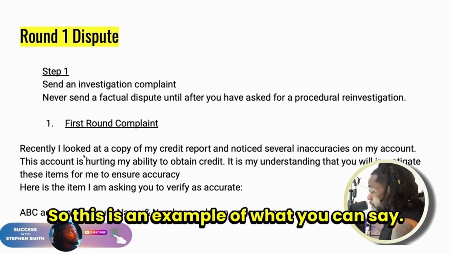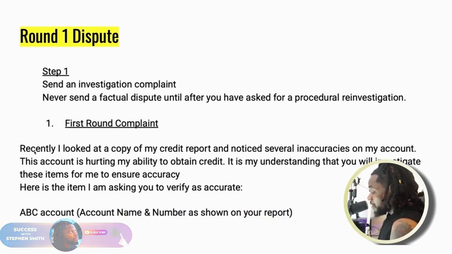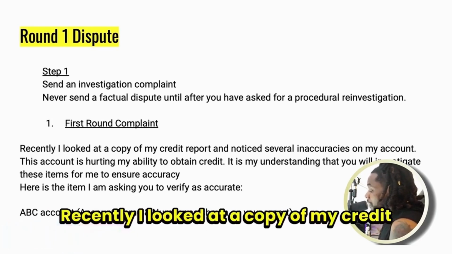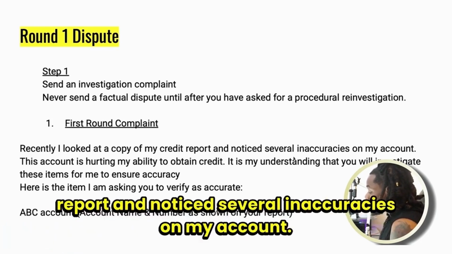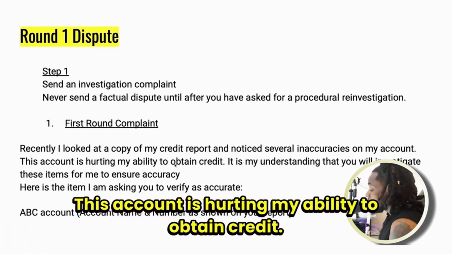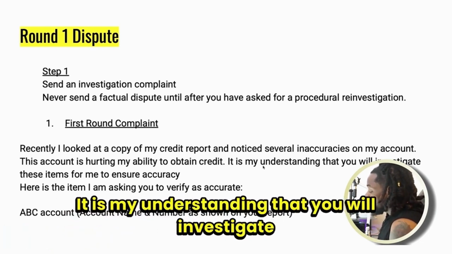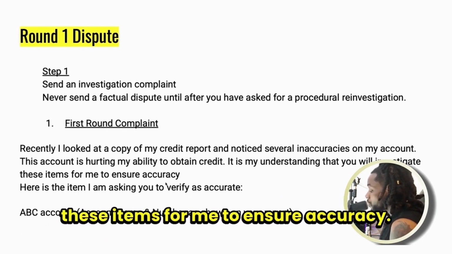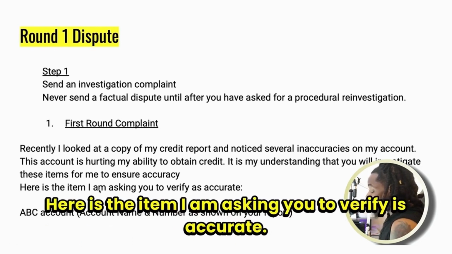So this is an example of what you can say. Recently, I looked at a copy of my credit report and noticed several inaccuracies on my account. This account is hurting my ability to obtain credit. It is my understanding that you will investigate these items for me to ensure accuracy. Here is the item I am asking you to verify as accurate.